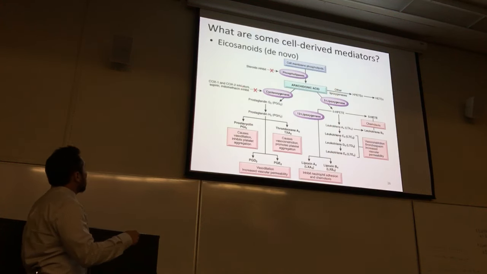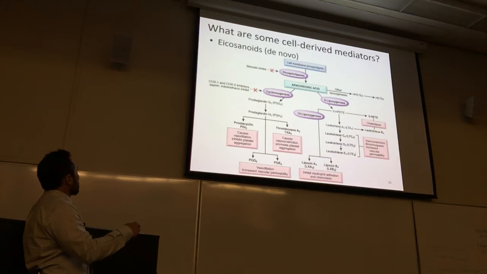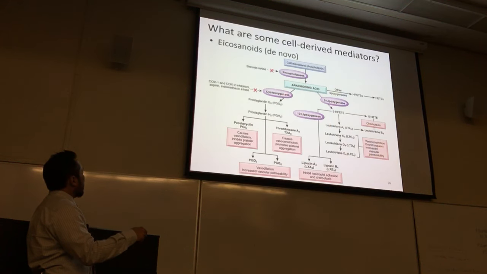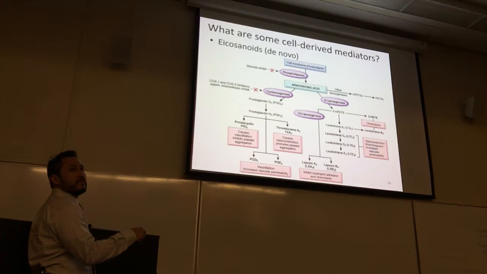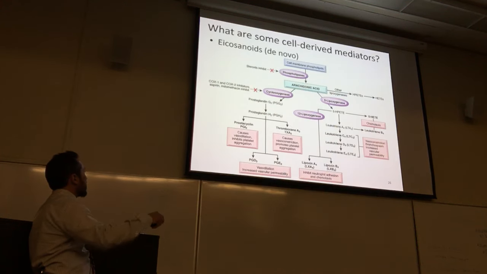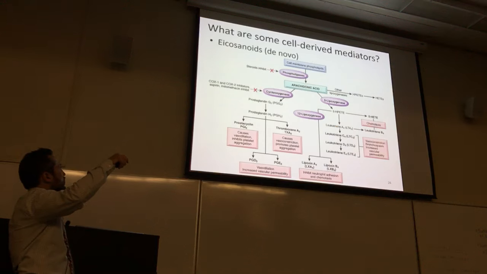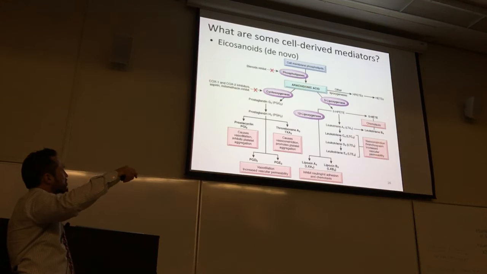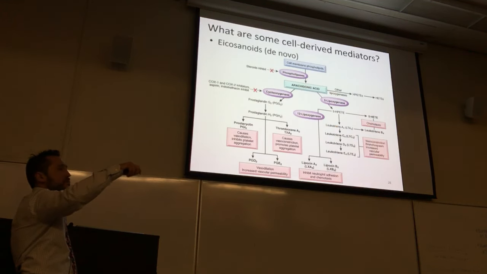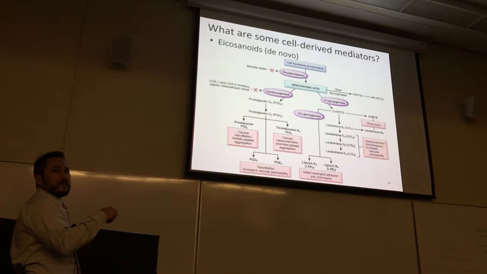Now, if you use a COX-1 or a COX-2 inhibitor or aspirin, you block the formation of arachidonic acid into the prostaglandin intermediate. So you don't get any of these icosanoids down here on the left. But if you use COX-1, COX-2 inhibitors or aspirin, you still make leukotrienes. So aspirin is over the counter.